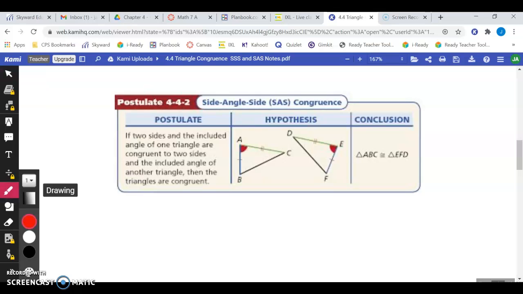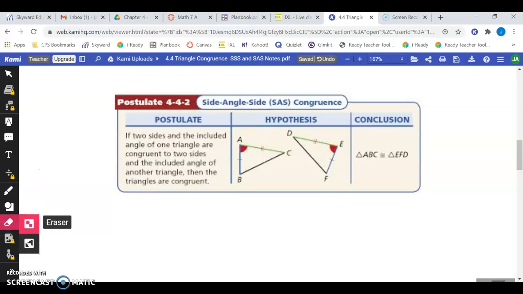So what I mean by that is here's a side, then an angle, and then another side is congruent. And those are labeled and given, so then we can say that those two triangles are congruent based on the side angle side congruence postulate.